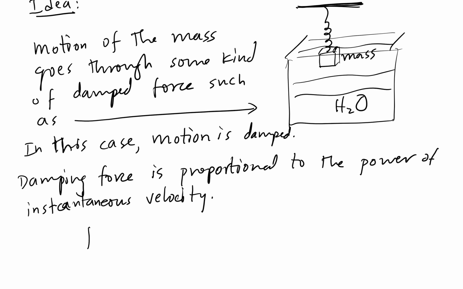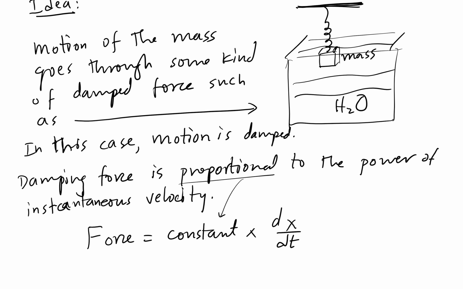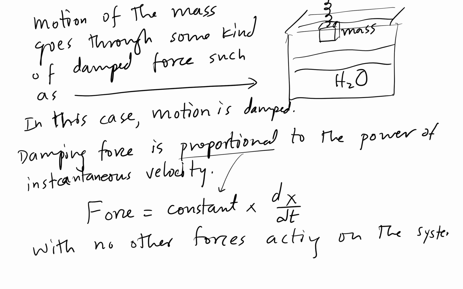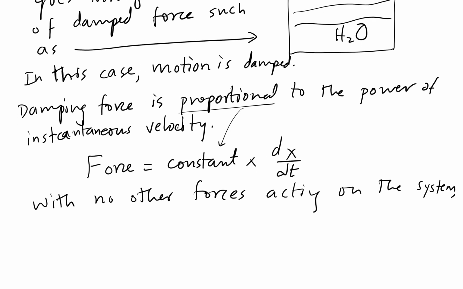So this means the force is going to be some constant times dx/dt. That's what the instantaneous velocity is going to be. So it's proportional, meaning there's a constant, provided there's no other forces acting on the system. For now, maybe you're wondering what's happening here? You'll get the big picture later on.